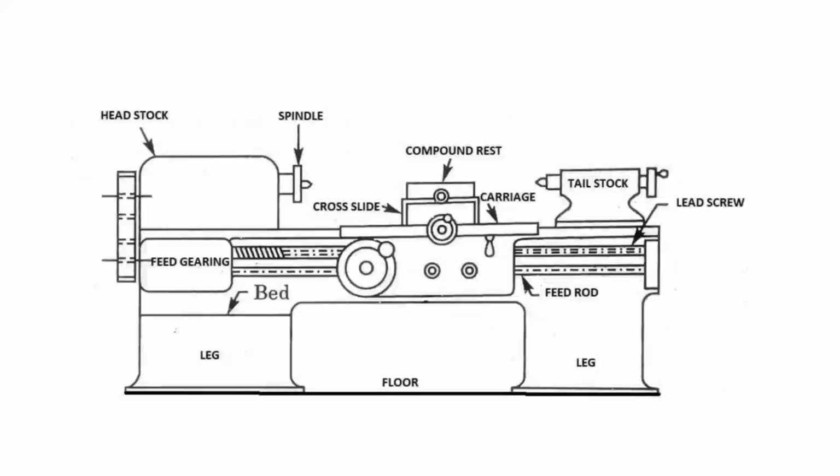If you are able to see, this is the bed. You have to describe the theory in the topic and draw this simple diagram for exam purposes. And if you have worked on the lathe machine in your college, then it will be easy for you to understand also.